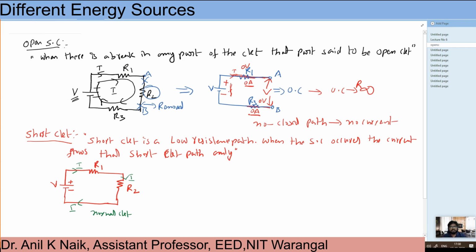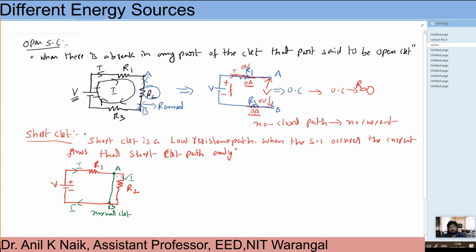Now I want to create a short circuit here. A short circuit is nothing but simply shorting the circuit between the terminals A, B. In the AB terminal, I short this particular network.